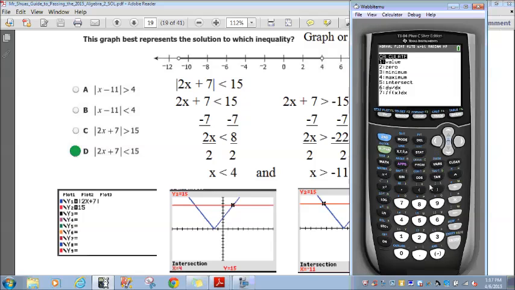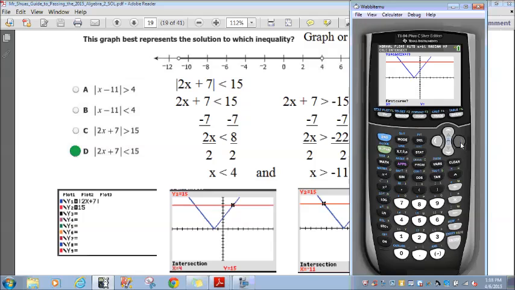If I go second trace intersect, and let's go right here. That's my left bound. It's my right bound. Guess x equals negative 11. And then if I do it again, this should be 4. Second trace intersect.